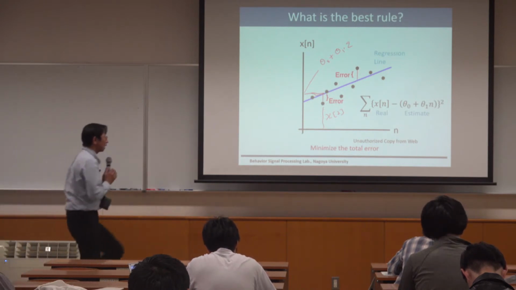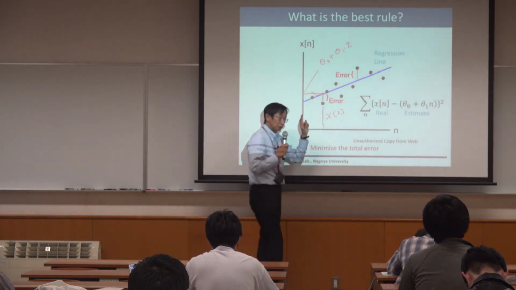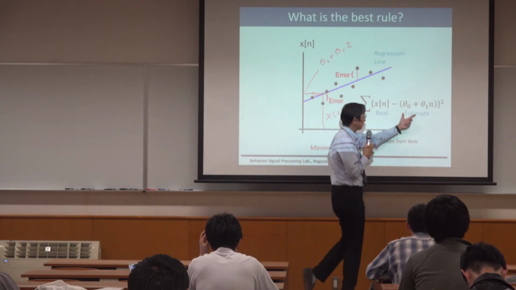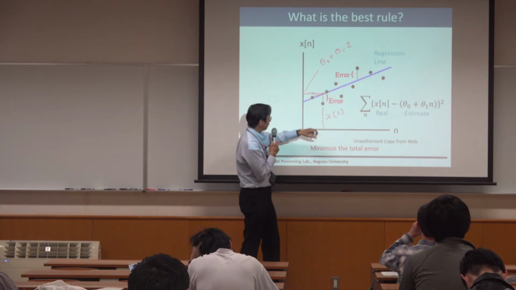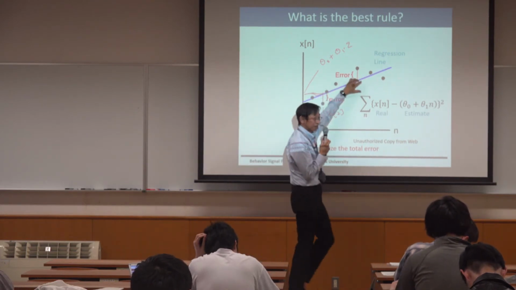And of course, there are positive errors and negative errors. So we are going to calculate the square of the error and then sum them up over n. So we will calculate the error here, here, here, here.